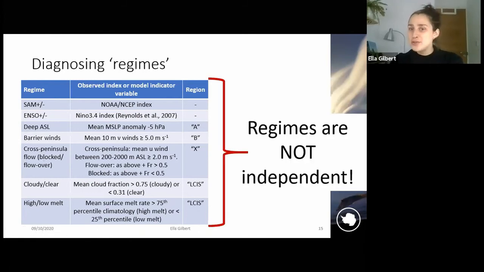Now, one note of caution is that the regimes are absolutely not independent, and in fact, many of them are related. So we might expect positive SAM conditions to lead to cross-peninsula flow, for example, which may then contribute to Fern events. And some of them happen at the same time.